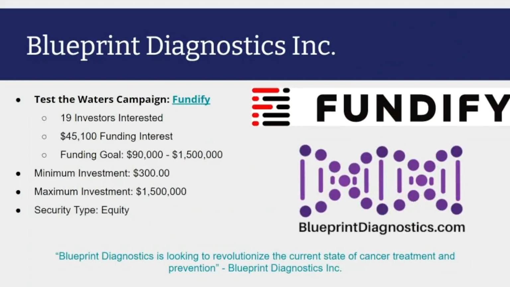Here's an example of Blueprint Diagnostics. They did a test of waters campaign, and they've got 19 people interested, committing to around $45,000, and they're looking for $90,000 to $1.5 million. In this case, they're below their minimum goal.